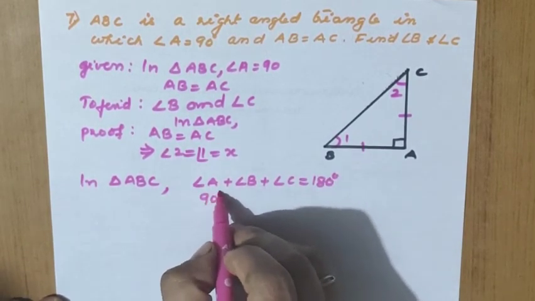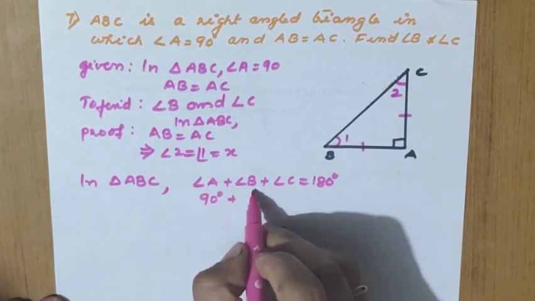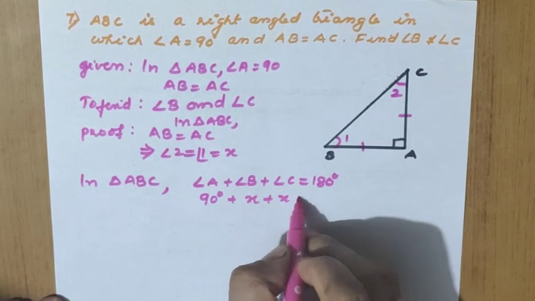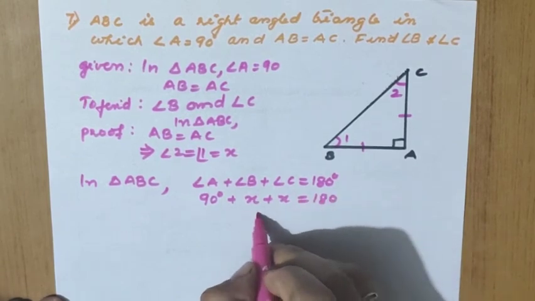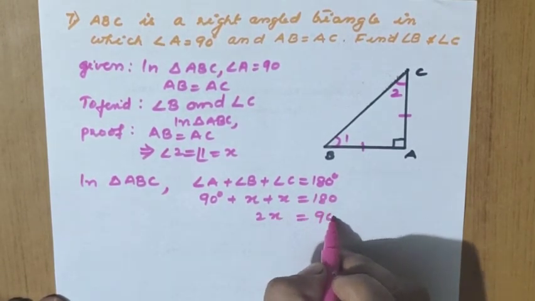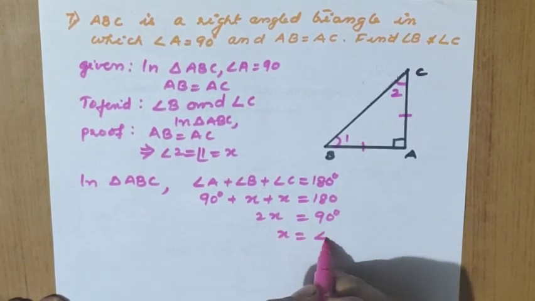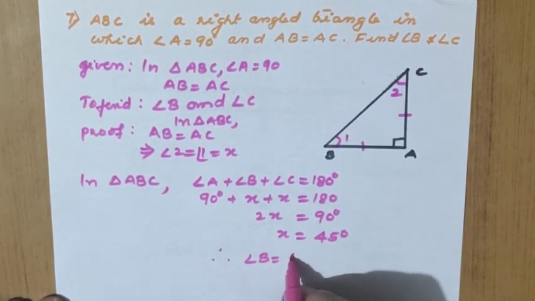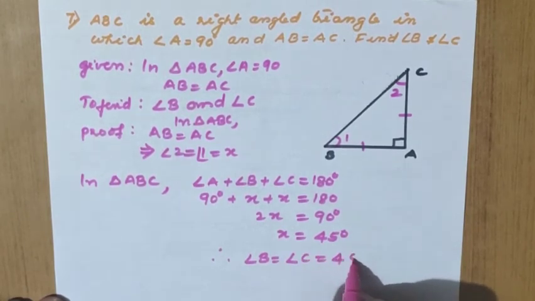Angle A is 90 degree. Angle B and C we have taken as angle 1 and 2, both are equal to x only. So 2x equal to 90, x equal to 45 degree. Therefore, angle B equal to angle C is equal to 45 degree.